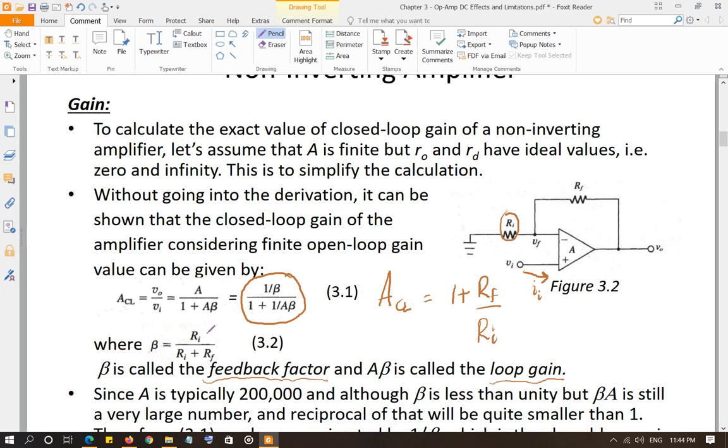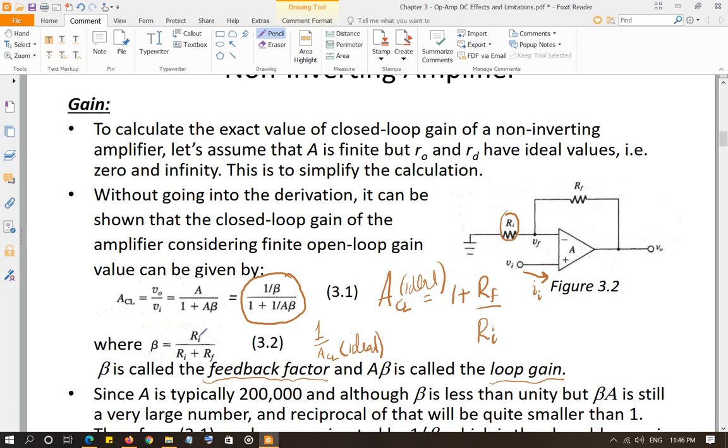Beta, as you can see, is Ri over Ri plus RF, or in other words, beta is 1 over ACL ideal. ACL ideal is Ri plus RF over Ri, so beta is the opposite of that.